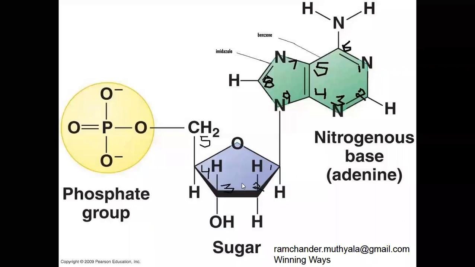And coming to the sugar molecules, the sugar molecules are of two types: deoxyribosugar and ribosugar. See children, this is the deoxyribosugar. On the second carbon of ribosugar, in deoxyribosugar, one oxygen atom is eliminated.